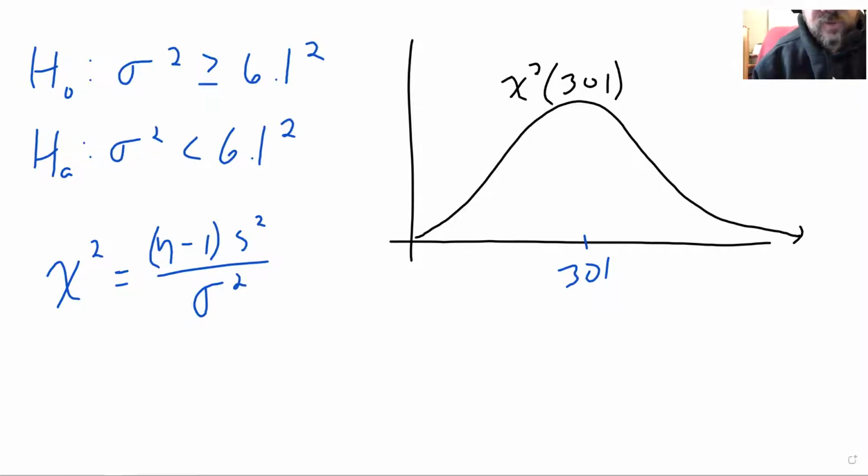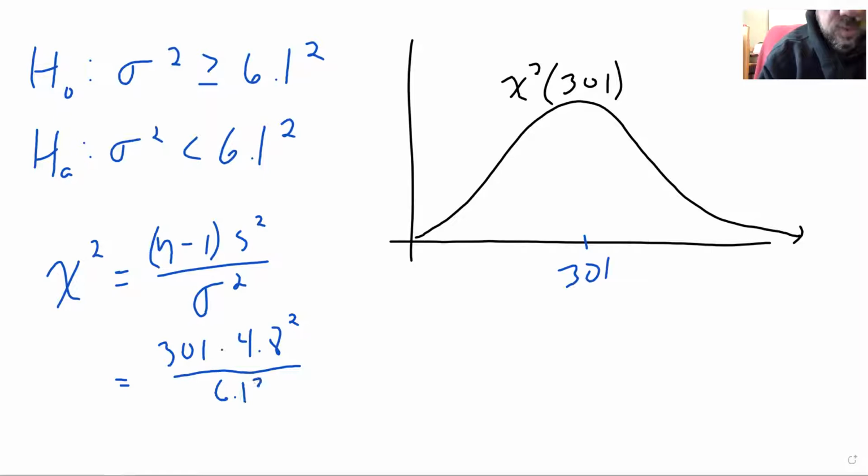Sigma squared comes from the null hypothesis, of course. It's going to be 6.1. S squared comes from our data, which was 4.8, I believe, our standard deviation. So it's 301 times 4.8 squared over sigma squared, which is 6.1 squared.